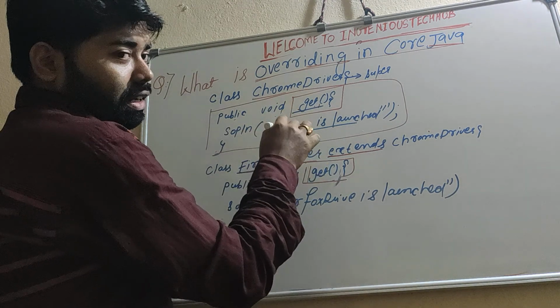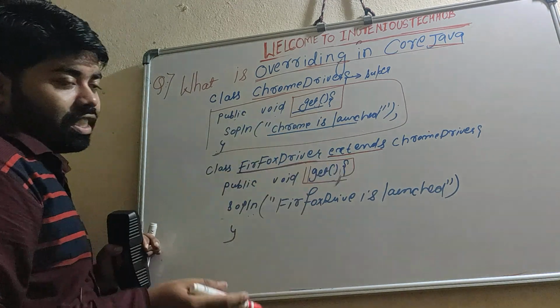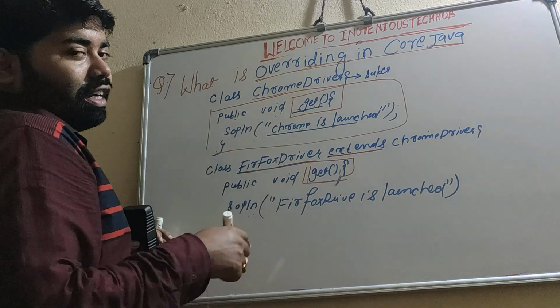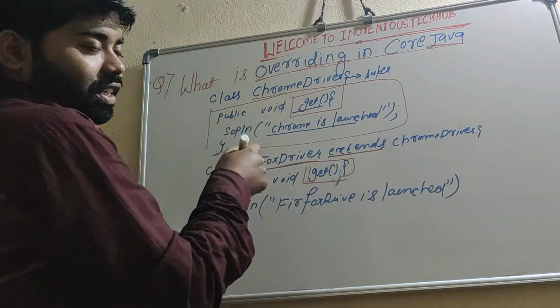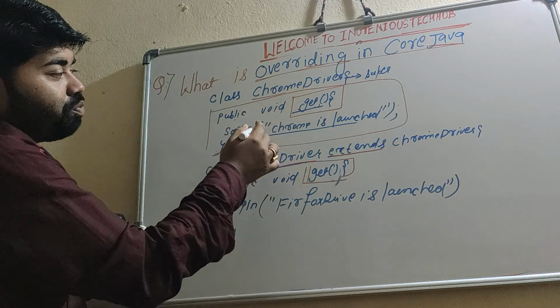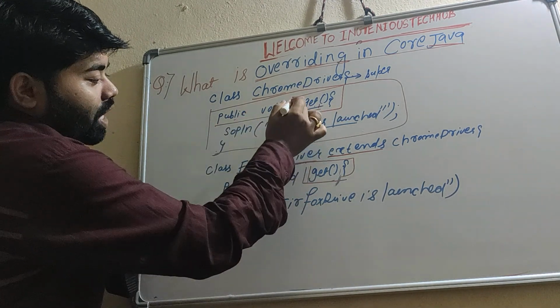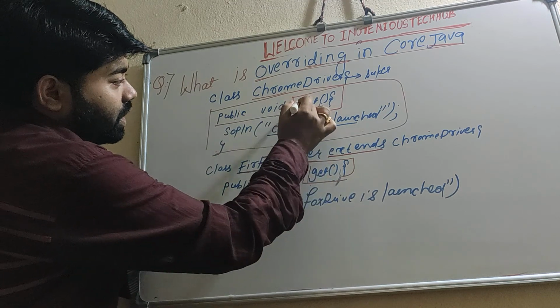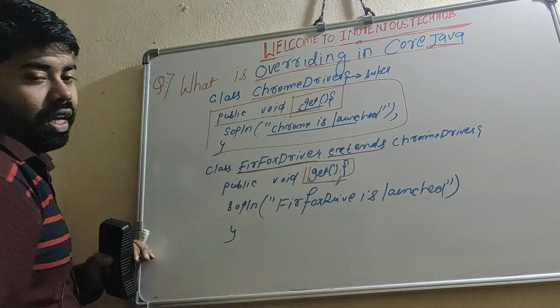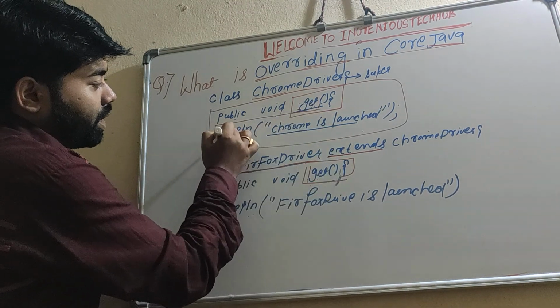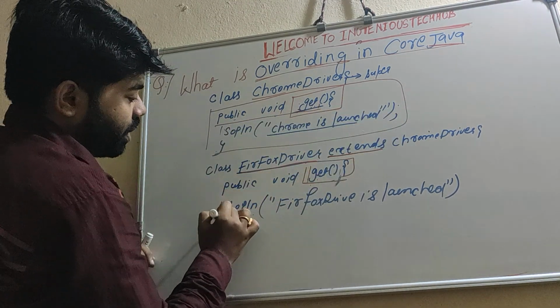A static method is not allowed. Someone will ask why a static method is not allowed. In the coming session I will discuss why it is not allowed. So redefining a superclass non-static method in a subclass with the same prototype is called overriding.